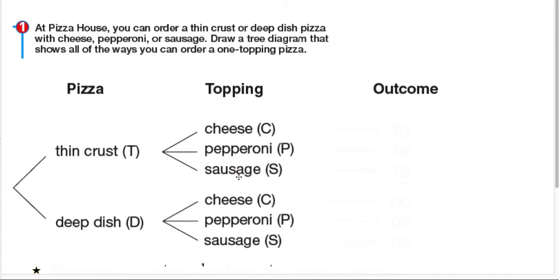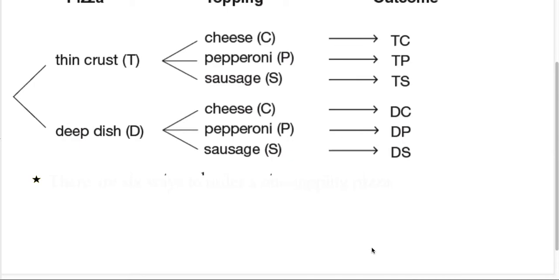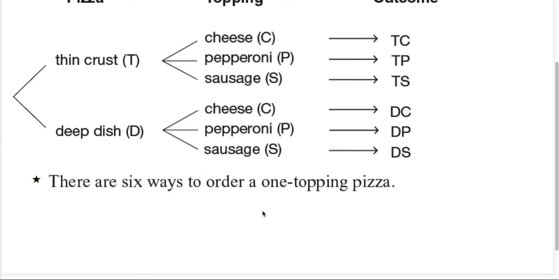The possible outcomes would be thin crust and cheese, thin crust and pepperoni, thin crust and sausage, deep dish and cheese, deep dish and pepperoni, and deep dish and sausage. So there are 6 ways to order a 1-topping pizza.